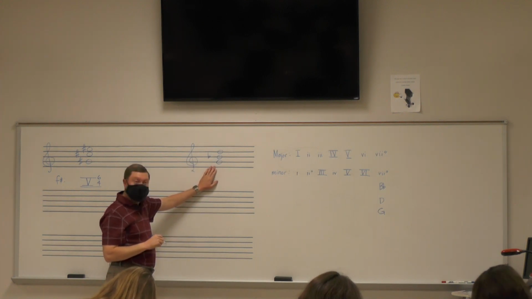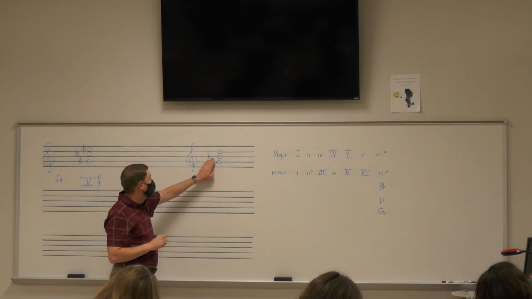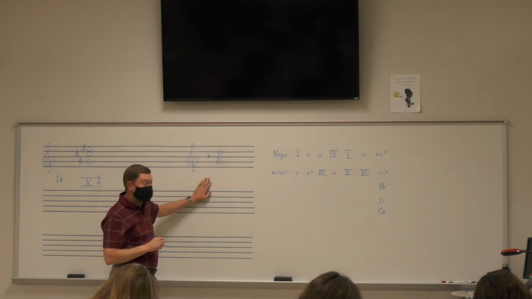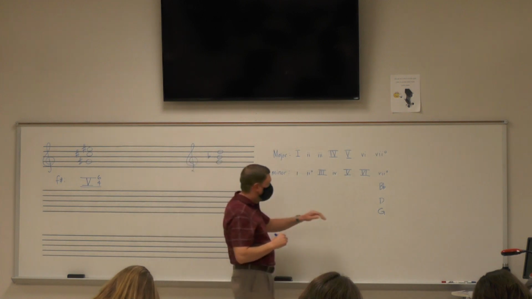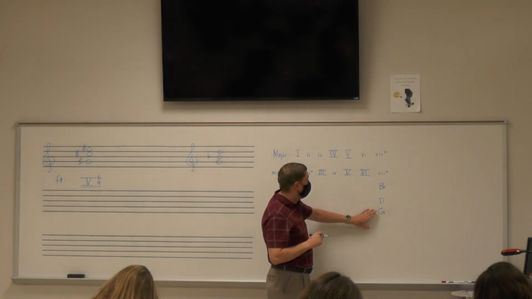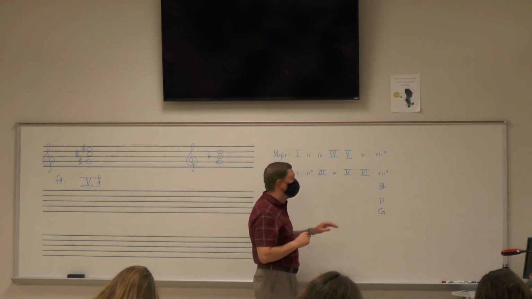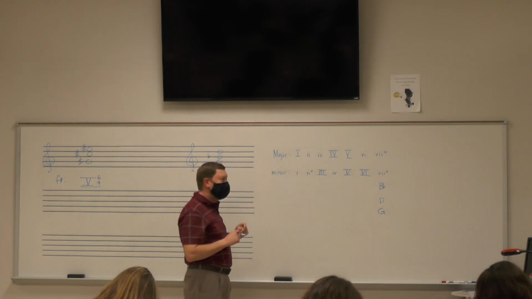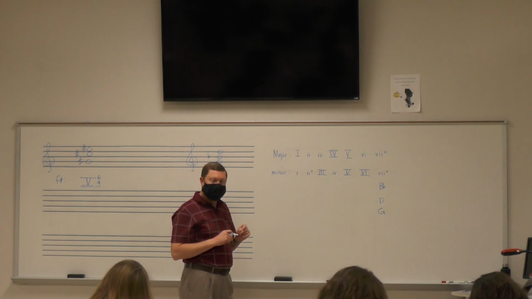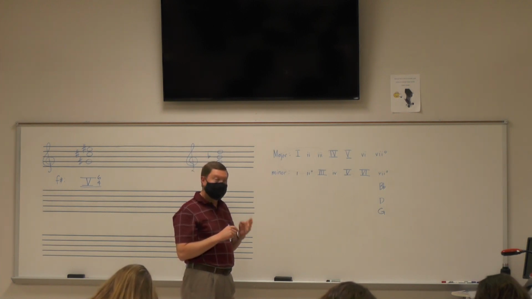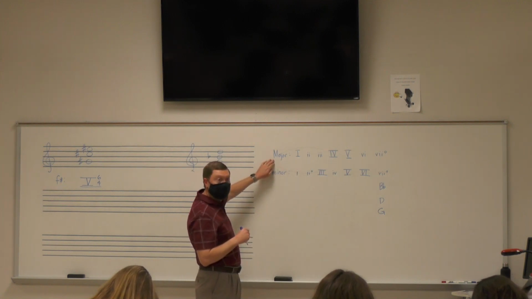G is the root, B flat is the third, and D is the fifth. The root of this chord is G. Now we're in the key of B flat. What scale degree is G in B flat? 6.